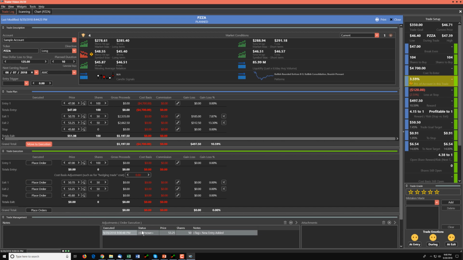So you come back to this trade a year from now, you'll be able to see exactly what you were thinking, exactly when you changed, what you changed. You could have a before, during, and after screenshot if you like. And of course, you've got these current conditions at the time the trade was entered and at the time the trade was closed, so you know what the market was doing then too.